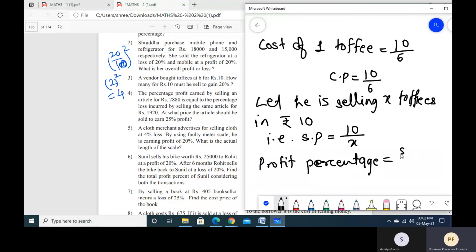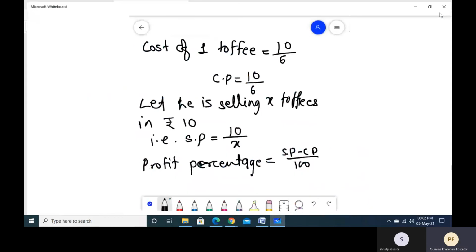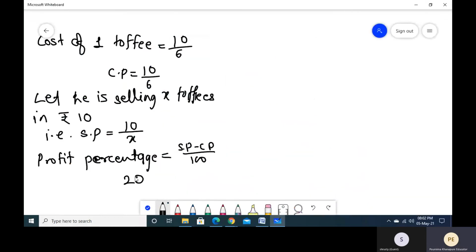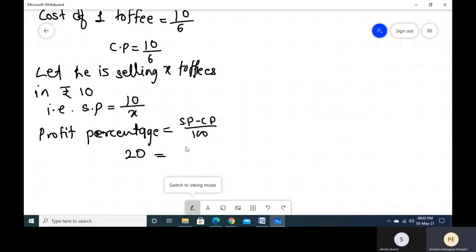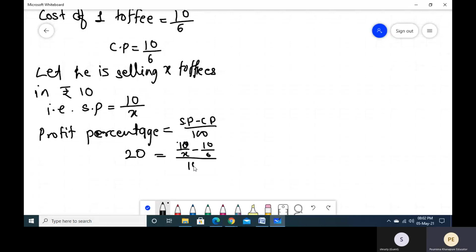Profit percentage is calculated by SP minus CP upon CP into 100. Profit percentage was 20%, right? So that is equal to SP. Our SP is 10 upon X. CP is 10 upon 6, upon 100. So by calculating everything, we'll be getting X. So that many toffees he should sell in 10 rupees so as to get a 20% profit. Understood?